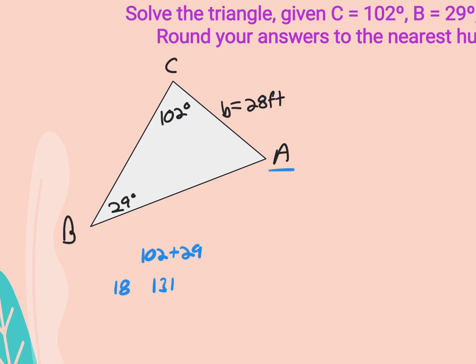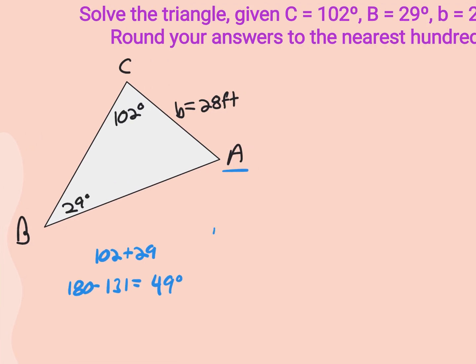And when you do 180 minus 131, that should get you angle A. So it should get you 49 degrees. I'm just going to write that down here. Measure of angle A is 49 degrees. And you can fill that in the triangle as well. Not super necessary as long as it's somewhere labeled. That's fine.